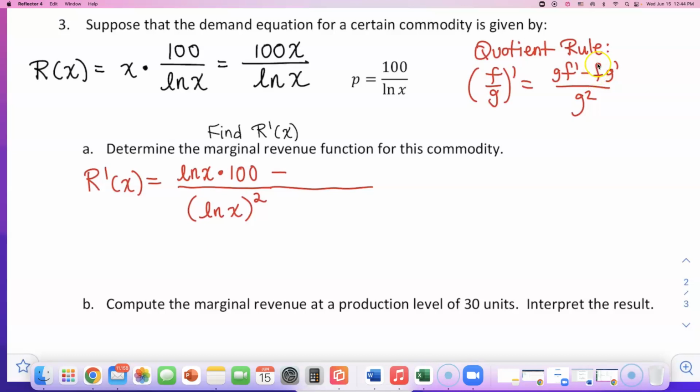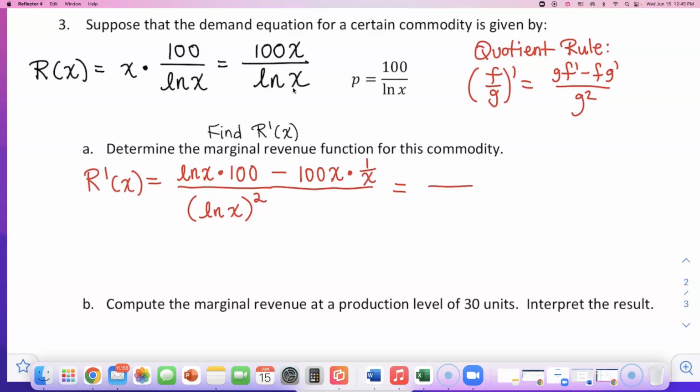Next I need the original numerator f, which is 100x, and I am multiplying this by what? The derivative of the denominator. What's the derivative of natural log of x? That is 1 over x, right? All right, let's simplify this mess on top.